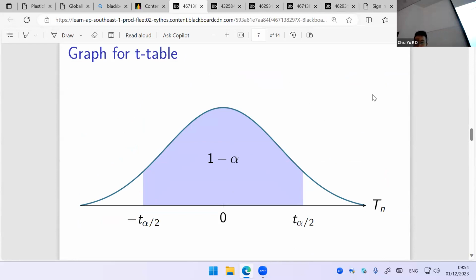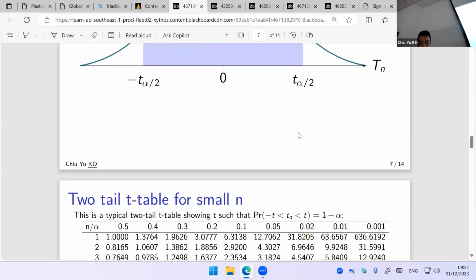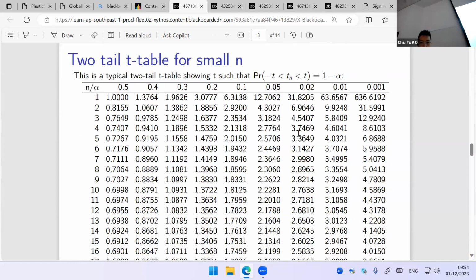Remember, I want 90% confidence, so the alpha is just 10%, 0.1. So I'm looking at this column.